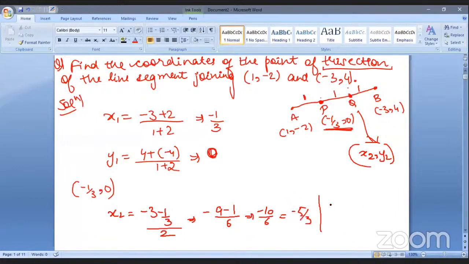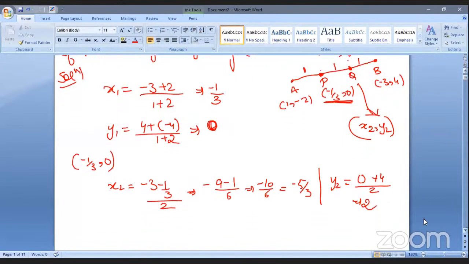Yes, thank God I'm doing correct. And 0 plus 4 by 2, so 2. So it comes out to be x2 comma y2 comes out to be -5/3 comma 2. So this point again we know as this.